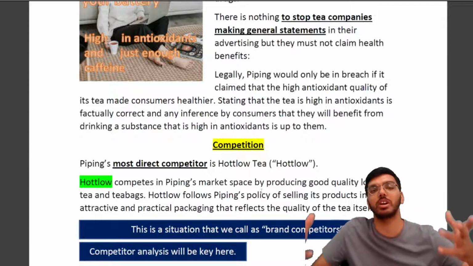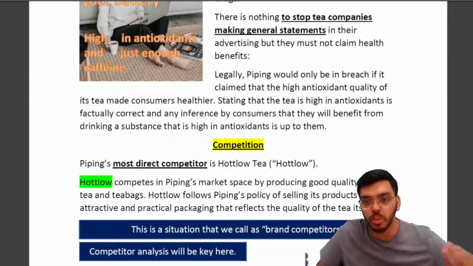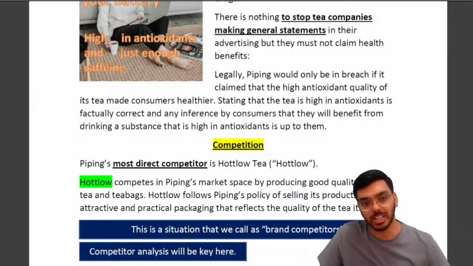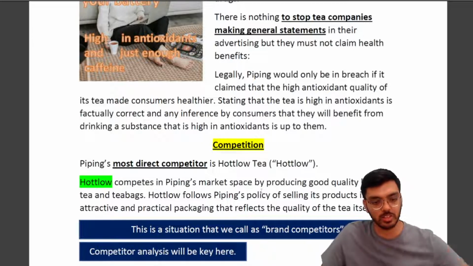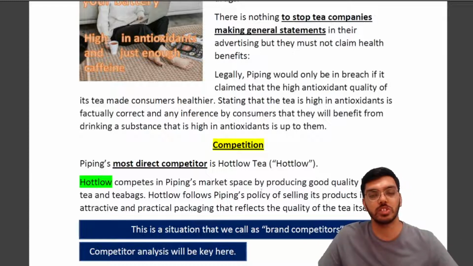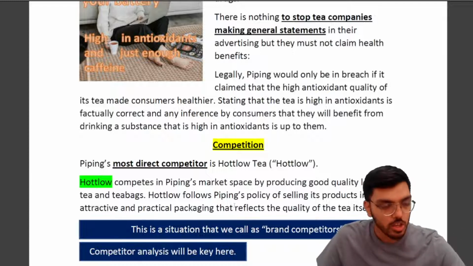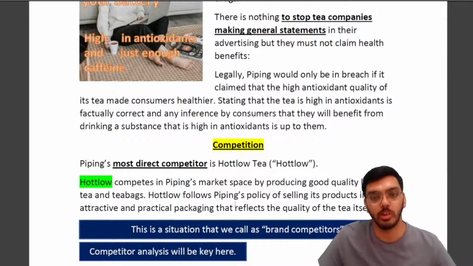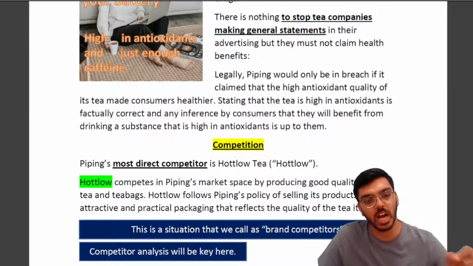Customers should know what high antioxidants can do. So you can put it as part of your marketing, but you can't specifically say that this will cure a certain small illness, or it will make you healthier. That would not be very legal of you to claim, because there are no real findings or research that you've done. So this is a risk that tea companies must try to avoid. So risk management comes into the picture, your TARA framework.